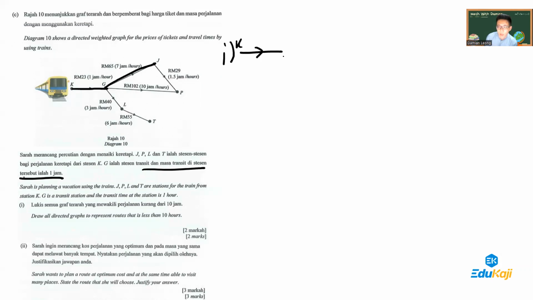So we can draw from K to G to J. It can be until here, K, G, L. If I go until here, it is 10 hours without the 1 hour, it's already 10 hours. Definitely not. So it's only these two.